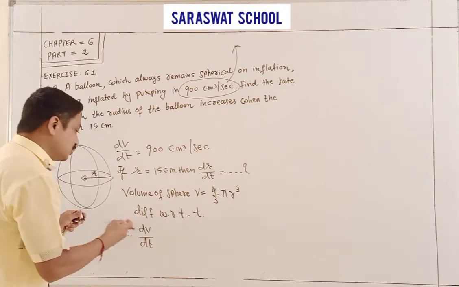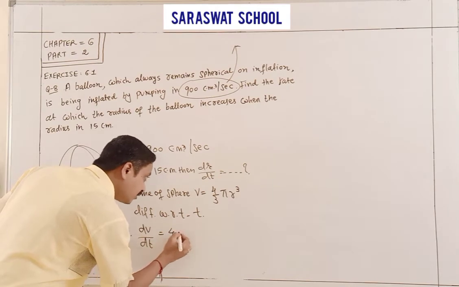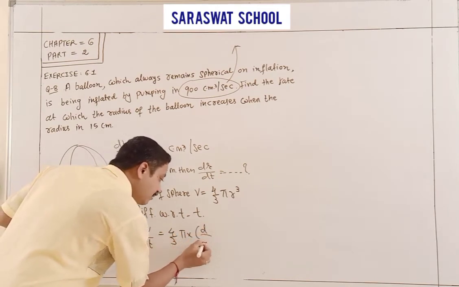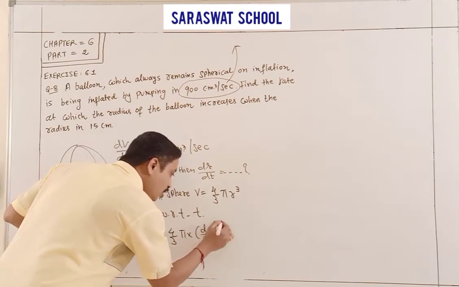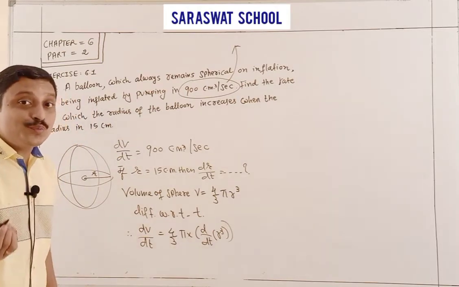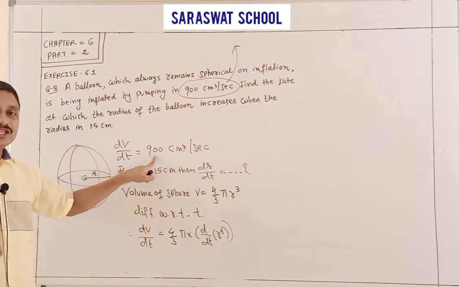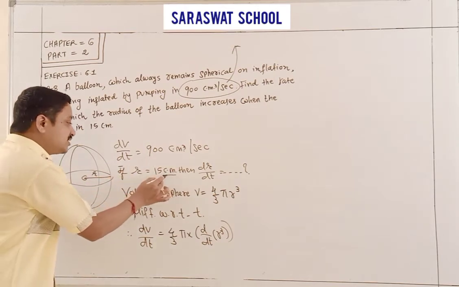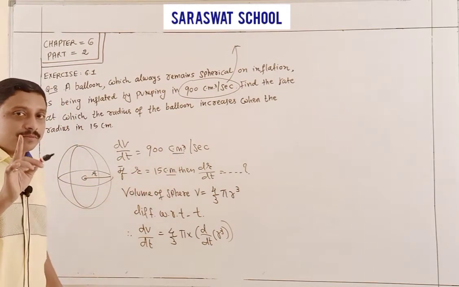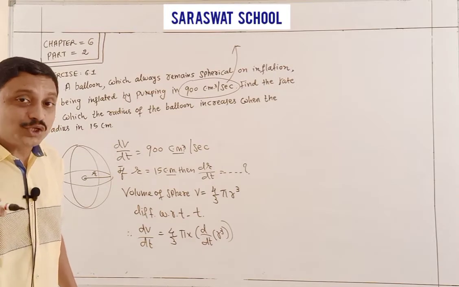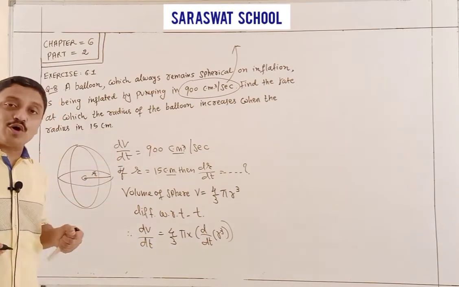It is going to be 4/3 pi and here d by dt of r cube. Easy derivative. Just check that the units are the same. Sometimes they are not the same, so you must check whether the units are the same or not.